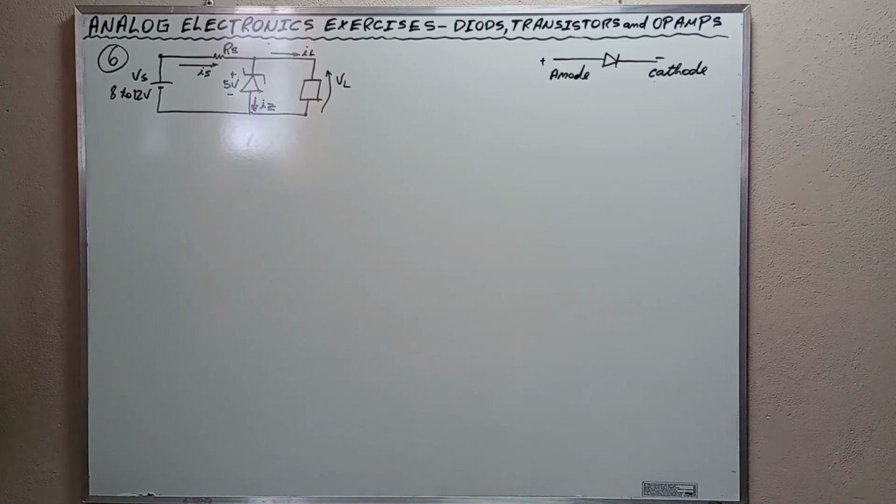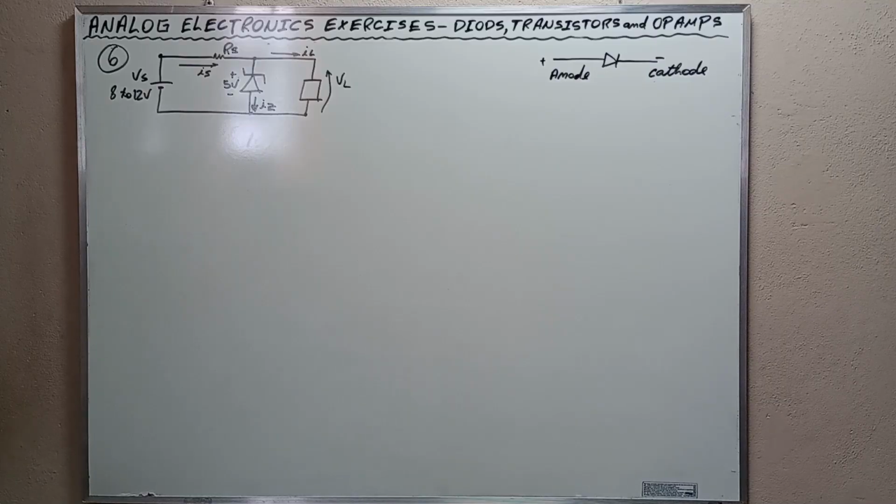Assuming that the Zener is ideal, determine the largest value allowed for the resistance Rs so that the load voltage VL remains constant with variations in load current and source voltage. Also determine the maximum power dissipated in Rs.